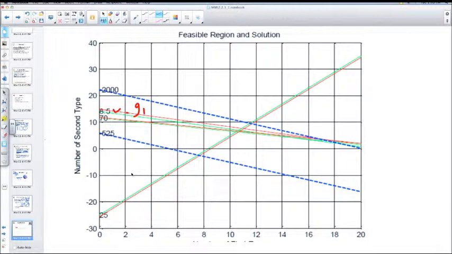And the second constraint is, you see the 70 here? That's the third one actually, G3, the labor constraint. And the second one is here, G2, the flow constraint. Each constraint corresponds to a straight line.